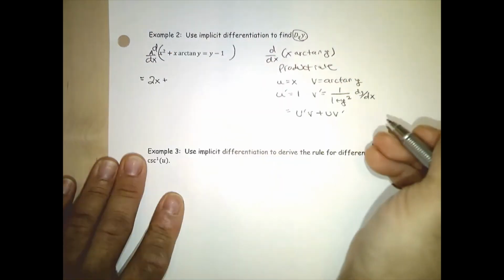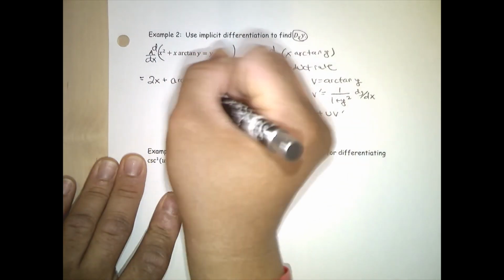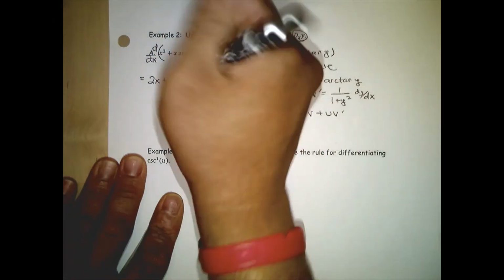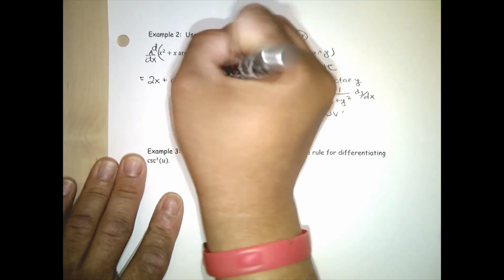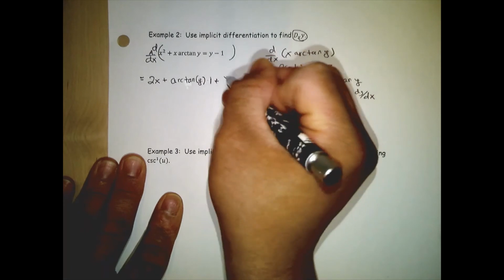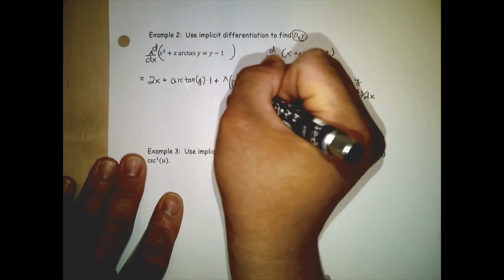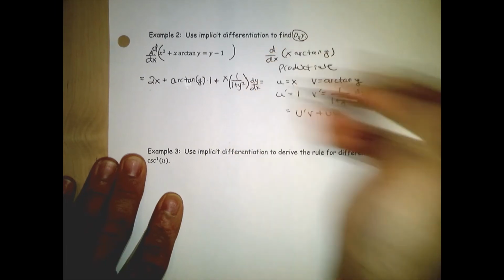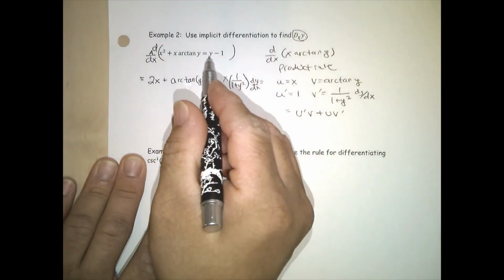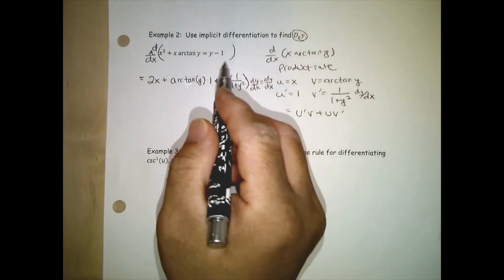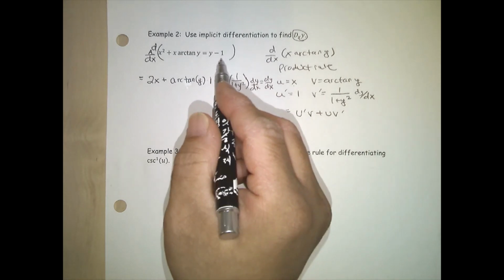So that gives us arctangent of y times 1 plus the x times 1 over 1 plus y squared dy dx is equal to the derivative of y, which is dy dx, minus 0, which is the derivative of 1.